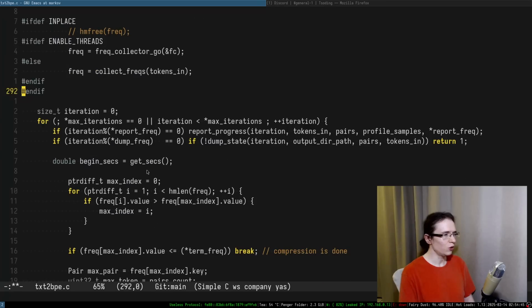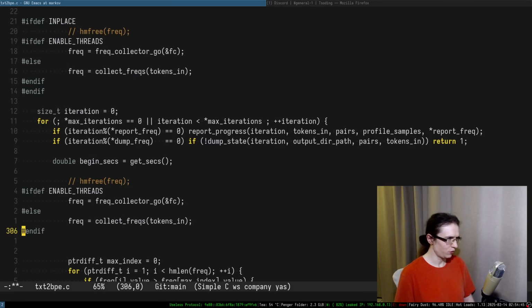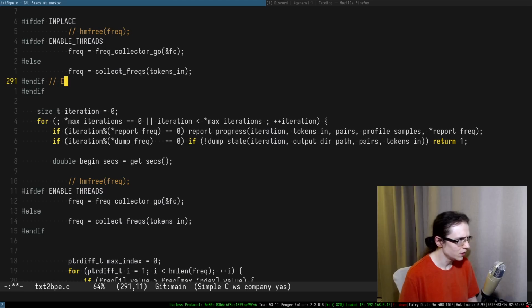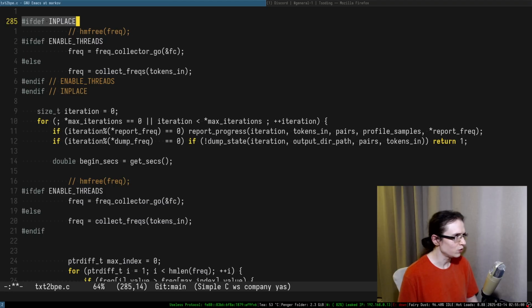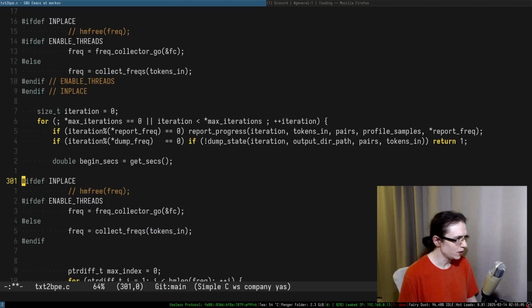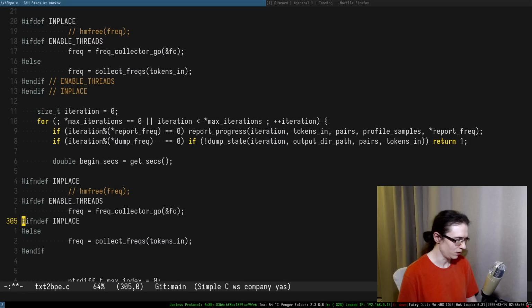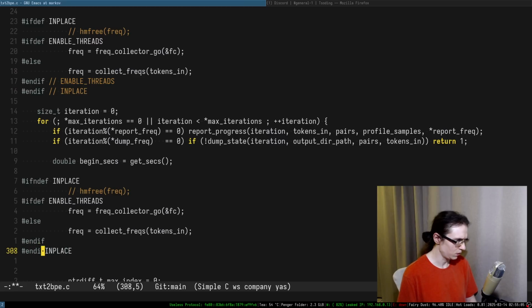If we don't have in place enabled, we do this recomputation on every iteration. By the way, let me mark this as enable threads, and this one as in place. This one is done when in place is not enabled, and this one is enable threads.